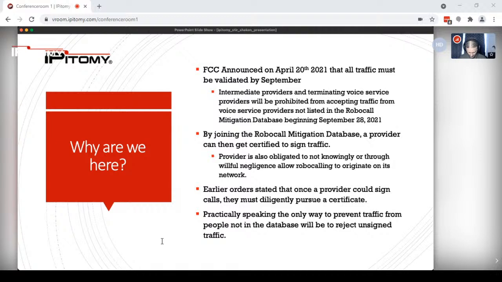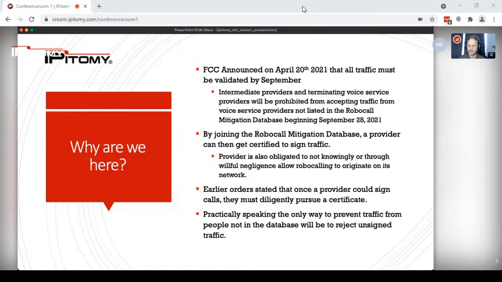And if you implemented Stir Shaken, you didn't necessarily have to go into this robocall database, but they changed that because they realized they're going to need a way of validating everything, no matter what way you look at it. They want to make sure that traffic that's passed comes from valid providers, and then they made it so that a valid provider has to be in this robocall database.